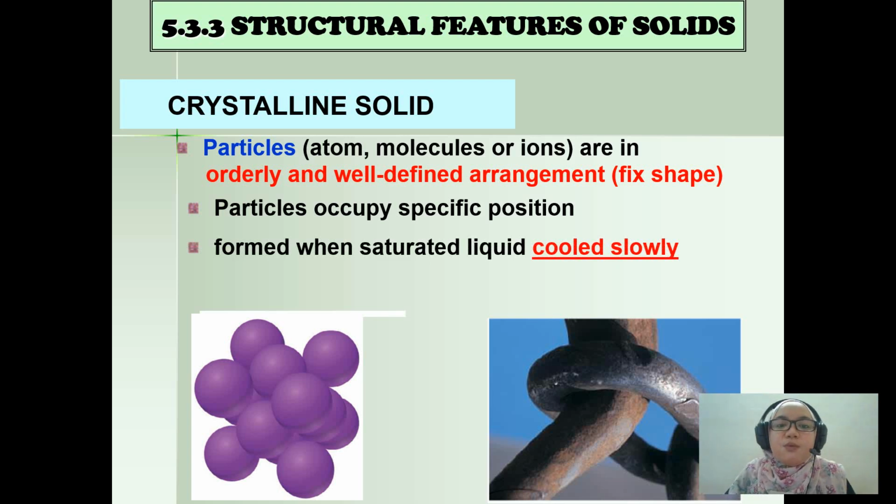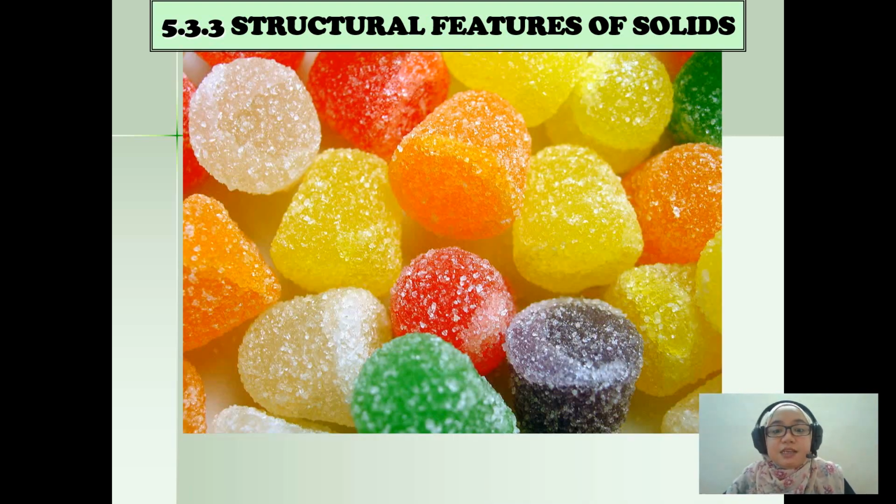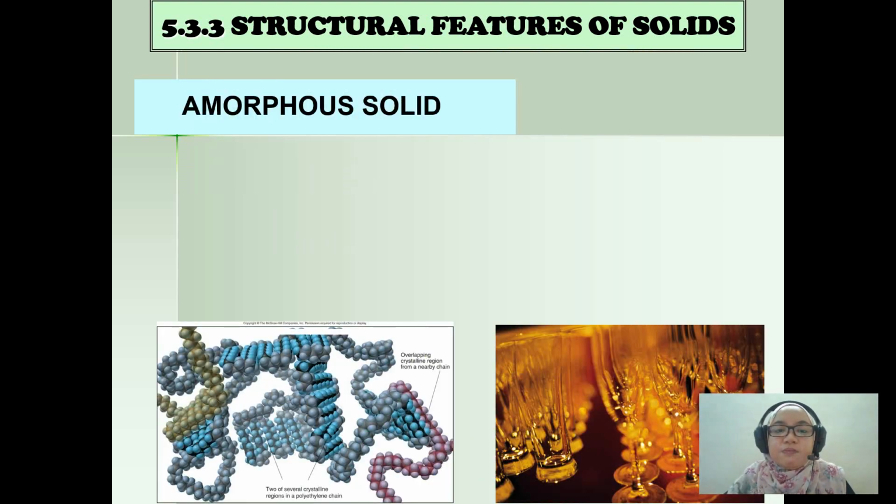And it is formed when the saturated liquid is cooled slowly. Okay, so crystalline solid is well defined. Okay, for example, we have metal, salt, and diamond. So metal, salt, and diamond are examples of crystalline solid. Okay, this is the rock candy. So rock candy is a type of crystalline solid. Very delicious, okay?